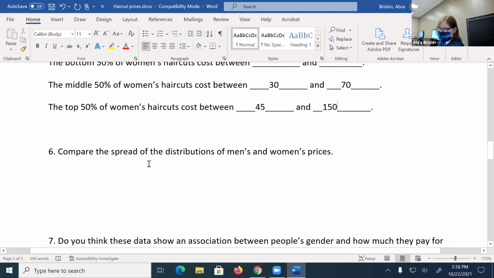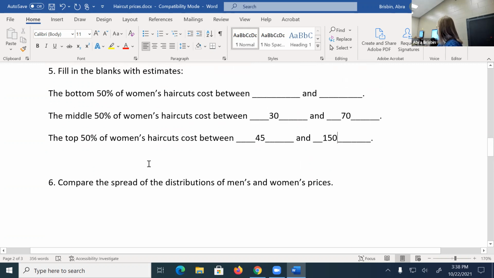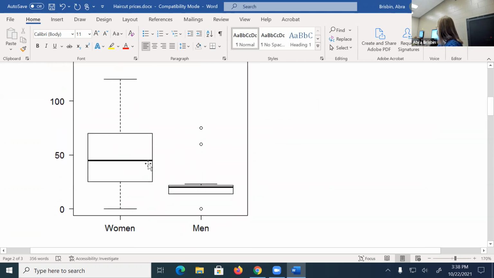How would you compare the spread of the distributions of men's and women's haircut prices? Mary, what'd you say? The women have a much larger spread, which is from 0 to 150, and men have a much smaller spread from 0 to 75. Yeah, so looking at the range of prices from the bottom to the top is one way of looking at it. What's another way of measuring the amount of spread or variability?